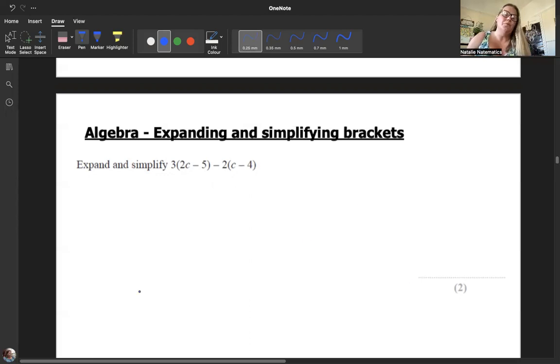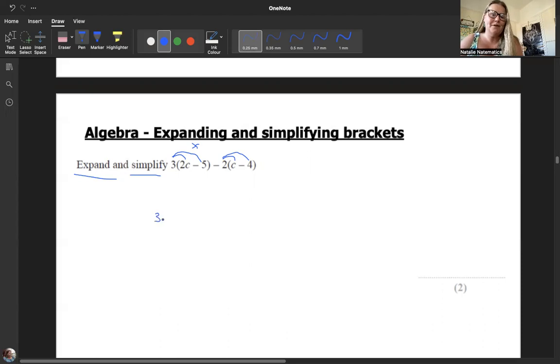Okay, so let's look at this. It said expand and simplify. So expand means multiply out. And this is one of the first things I put on here: that 2 is multiplying everything inside that bracket. So each one of these is a multiply. Okay, so we've got 3 times 2c.